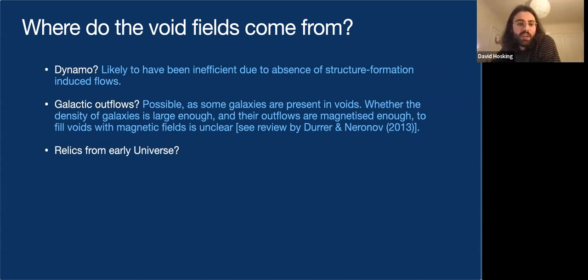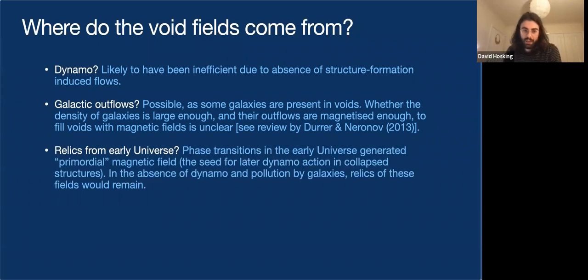A more exotic suggestion is that these fields might be relics of magnetic fields generated in the early universe. In certain models and theories, phase transitions in the early universe can generate so-called primordial magnetic fields, which would then become the seed for later dynamo action in the collapsed structures.